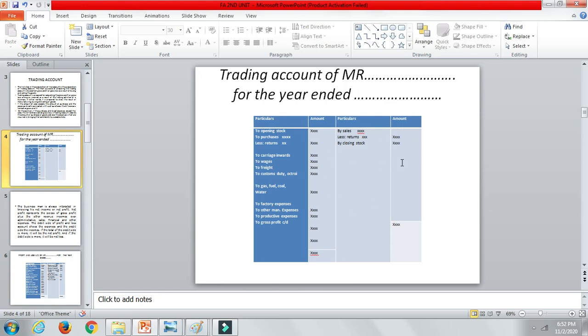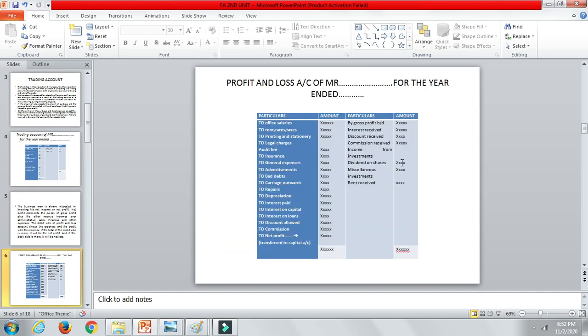And these are the manufacturing related expenses and incomes, whereas profit and loss takes into consideration the office related expenses and losses and office related incomes and gains. The left hand side, that is the debit side, takes into account the office related expenses and losses, whereas on the credit side you take the office related incomes and gains.